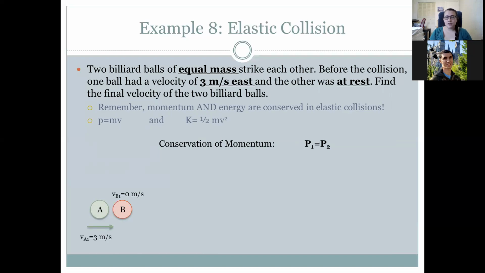Now, just like before, conservation of momentum means that our total momentum initially equals our total momentum finally. So our total momentum is the momentum of B plus the momentum of A, and that's true initially and finally. So momentum, again, is mass times velocity, but we should notice that the velocity initially of ball B is 0.